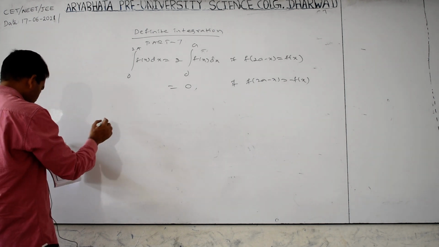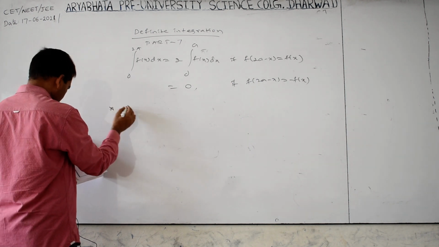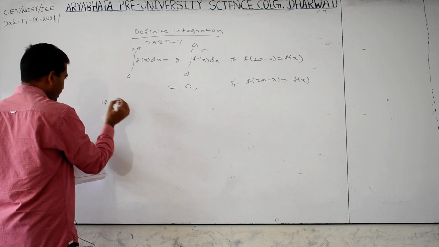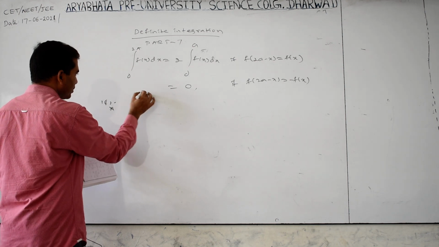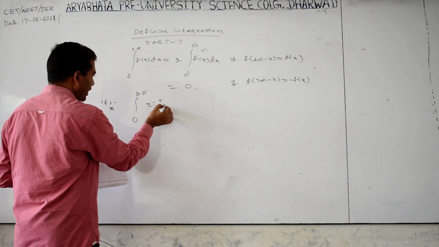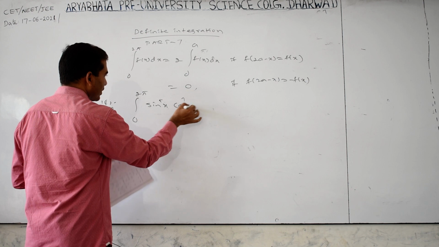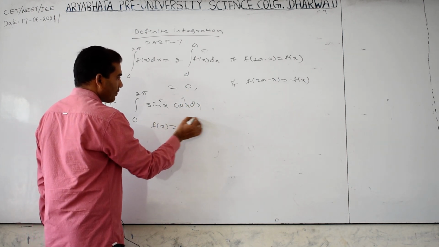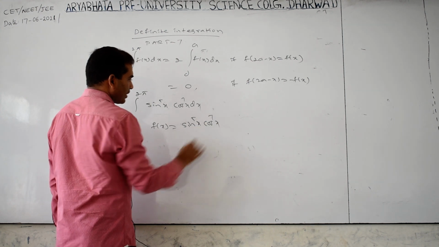Now, question number 142, integration 0 to 2 pi sin power 5x cos power 7x dx. Let this be f of x, sin power 5x cos power 7x.